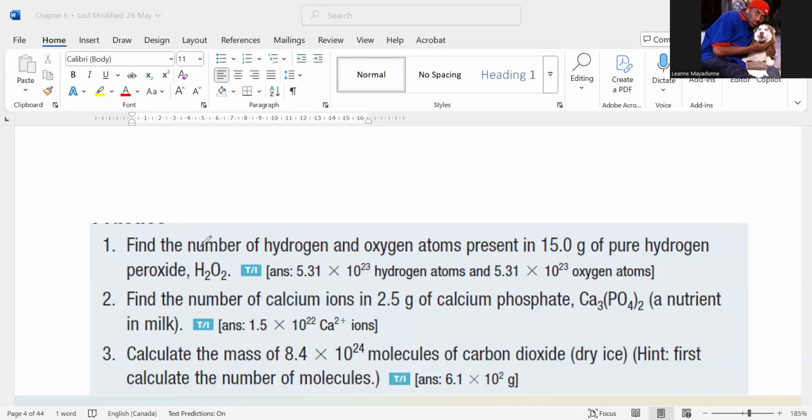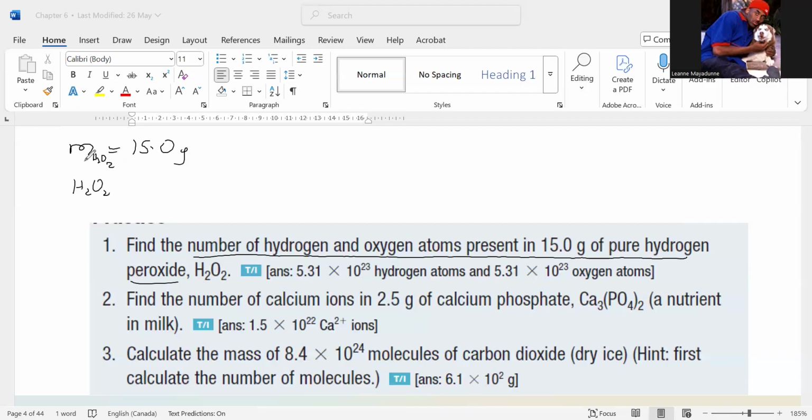So we are expected to find the number of hydrogen and oxygen atom present in 15 gram of pure hydrogen peroxide. So we know the mass, right? That is 15 gram. And we know that it is H2O2, correct?